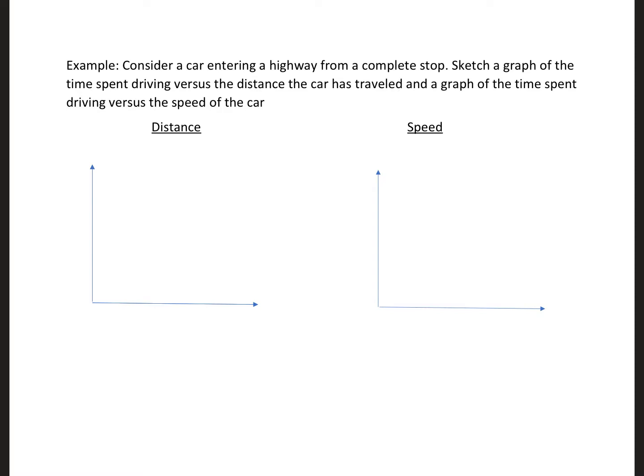Let's consider distance traveled first. We know time is our input and distance is our output. Let's choose specific units. Let's let time be in minutes. And our output be distance traveled. So the units here are miles.